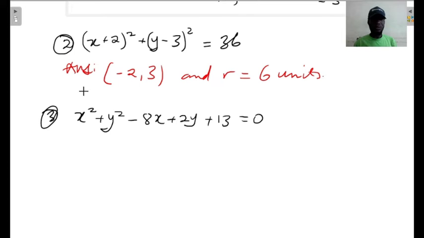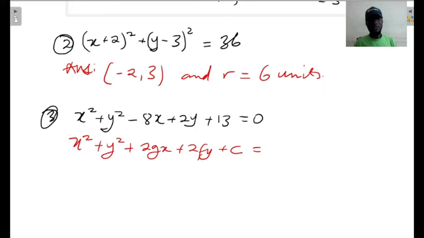So we are going to compare this with x squared plus y squared plus 2gx plus 2fy plus c equals 0.